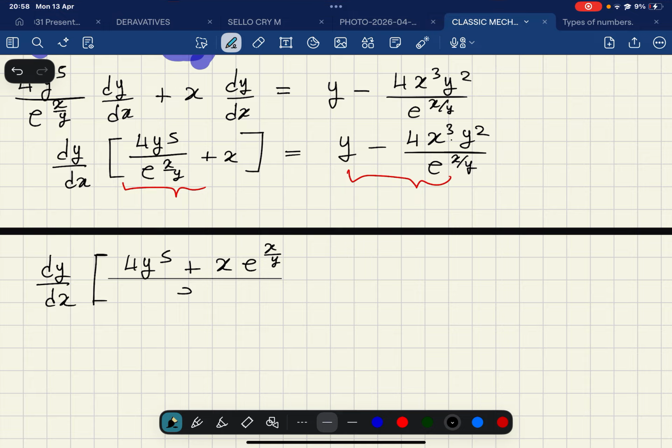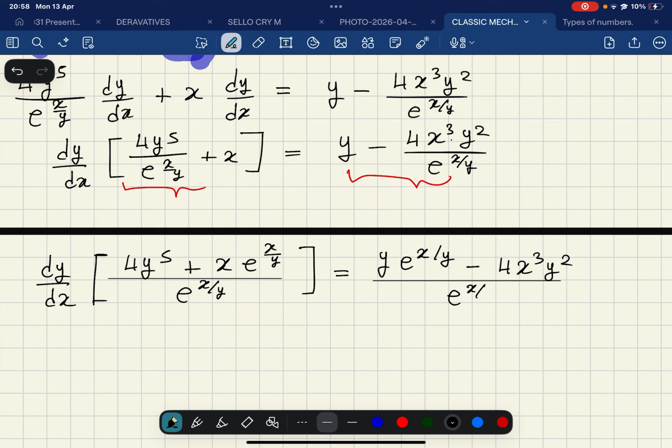e to the x over y, which is equal to, on the right hand side, when I apply LCD, y e to the x over y minus 4x cube y squared, all divided by e to the x over y.